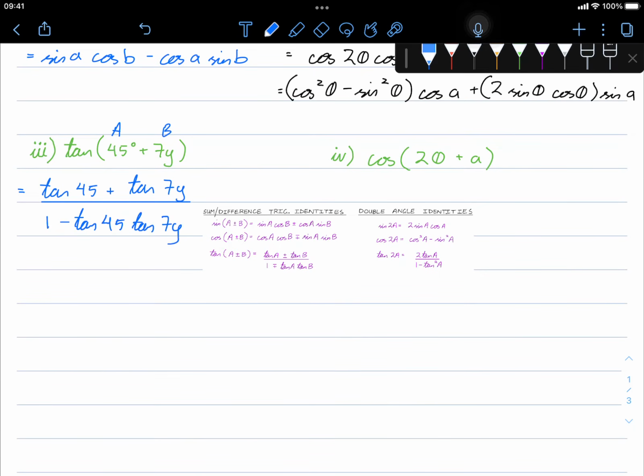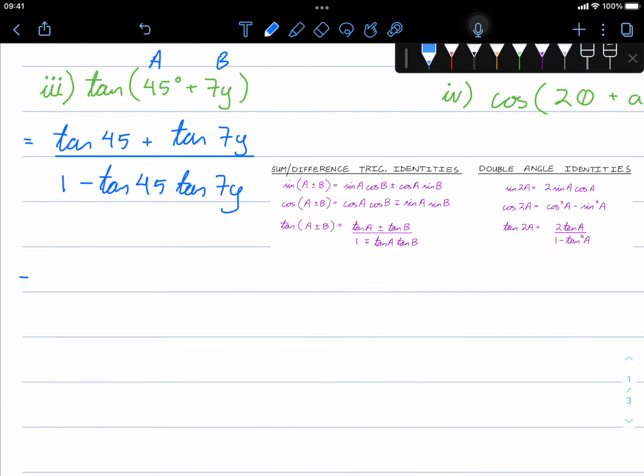Now from here we can simplify a little bit further, because tan 45 degrees is 1. So 1 plus tan 7y. This is going to be minus, so 1 minus tan 45 is 1 times tan 7y.